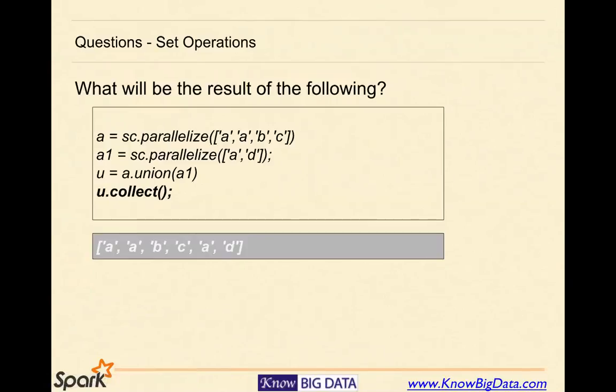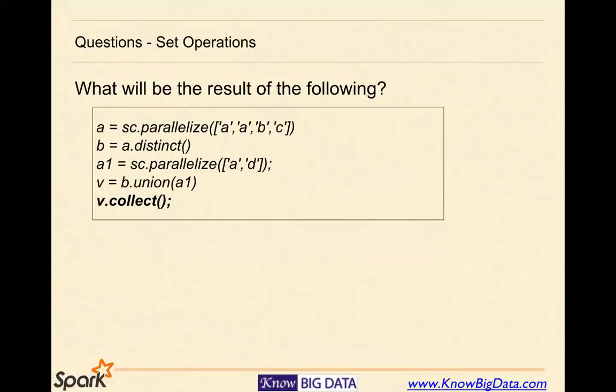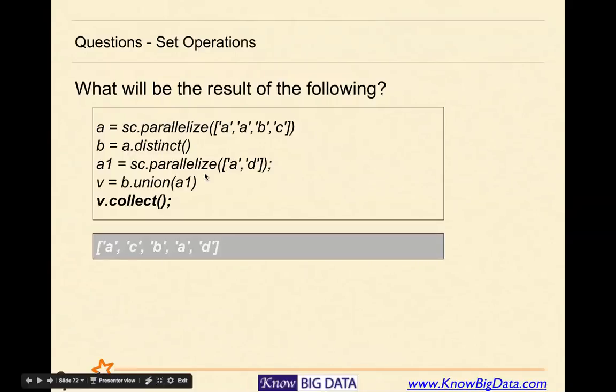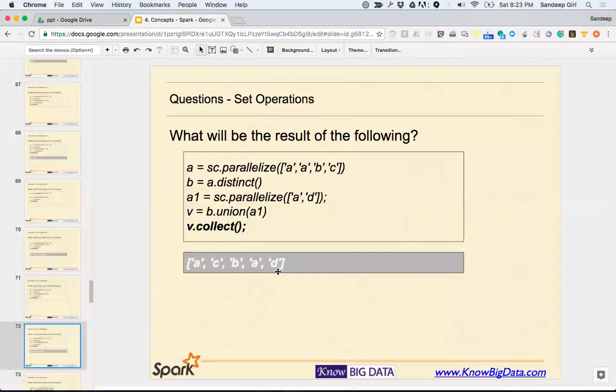Okay. Here, to avoid that kind of situation where you have two A's in output, you will have to explicitly say distinct, and then it will honor that part.